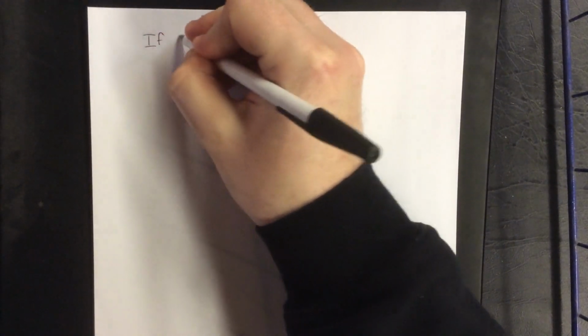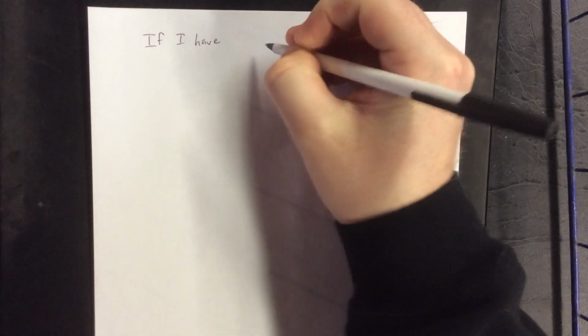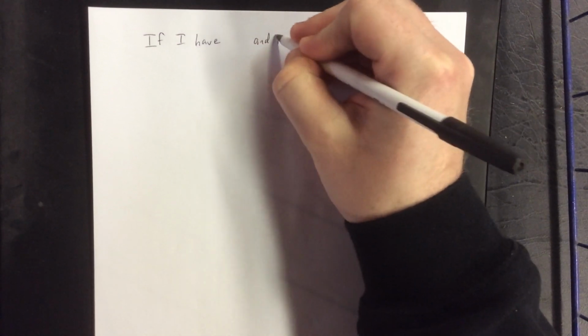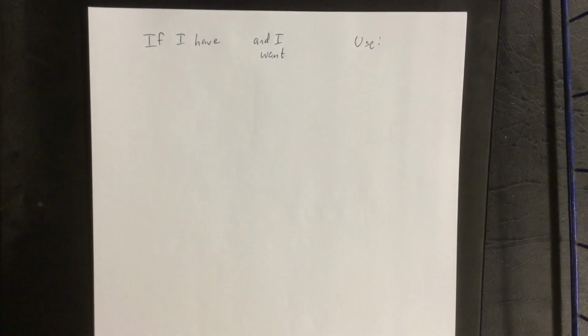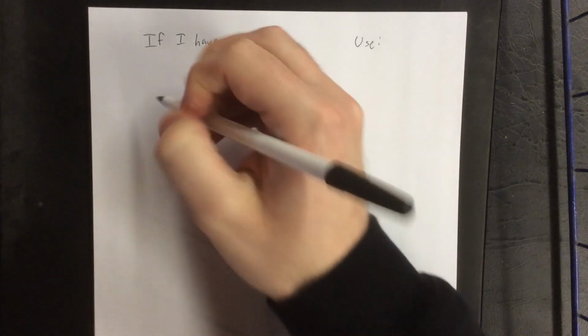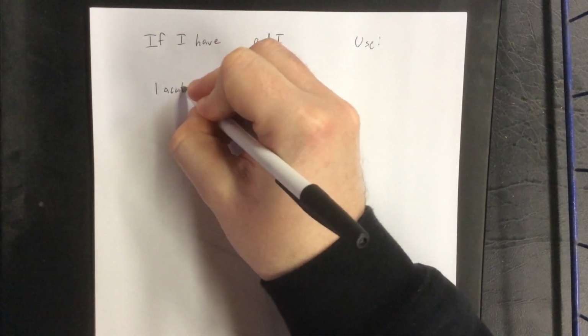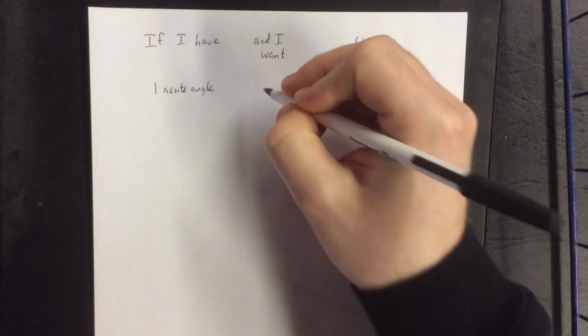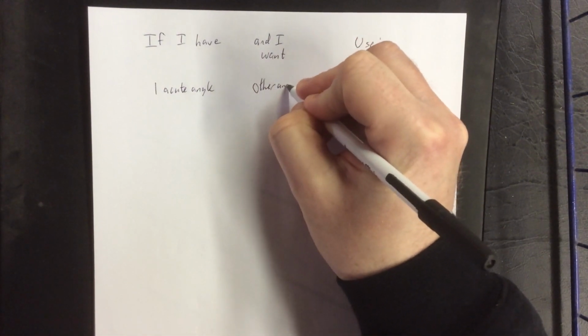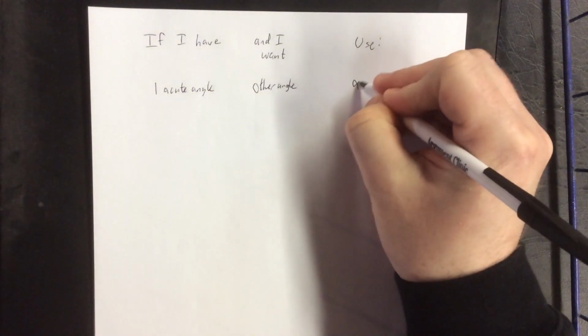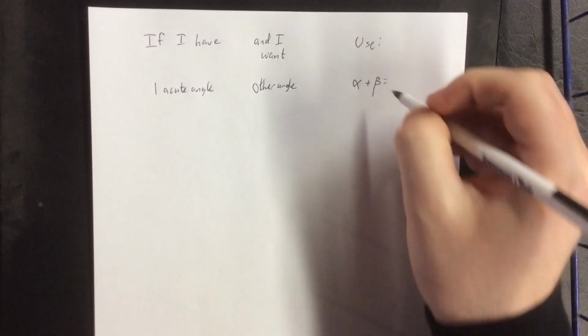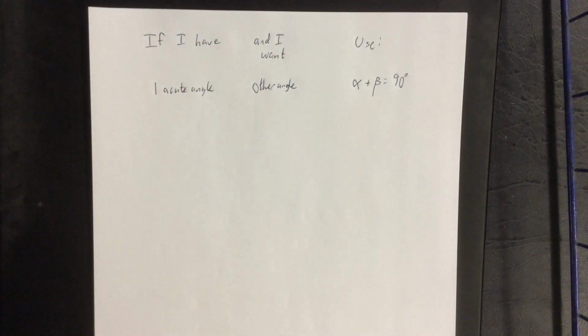So with that in mind, let's talk about the times to use these things. If I have one acute angle and I want the other angle, we're going to make use of alpha plus beta is equal to 90 degrees.